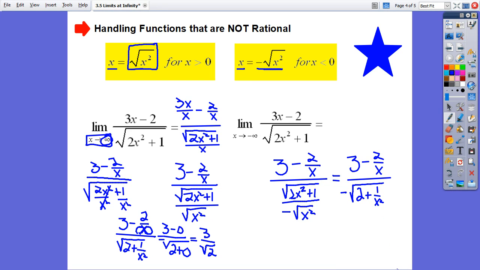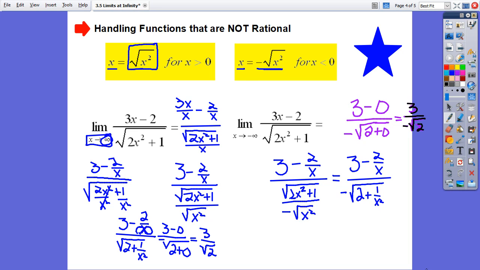Now if we plug in negative infinity, we get 2 over negative infinity, which is 0. The negative infinity doesn't change anything, just the other direction. Then on the bottom, we get the square root of 2 plus 0. And so what we end up getting is 3 over the opposite of the square root of 2. And so that would be our limit for this problem.